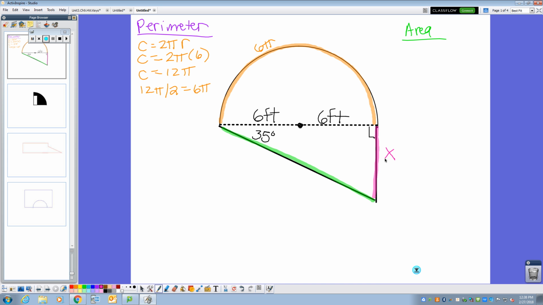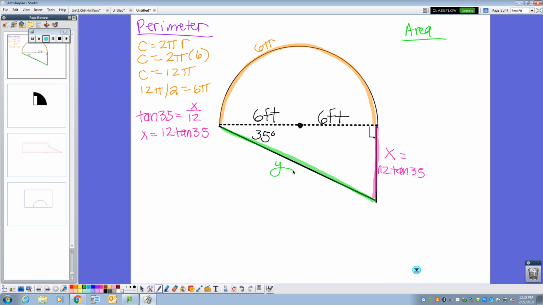I like SOHCAHTOA, so I'm going to use SOHCAHTOA and write the equation that tangent of 35 is equal to the opposite over the adjacent, which is 12, which tells me that x is 12 tan 35. Now to get y, I'm going to put y on my other missing piece.